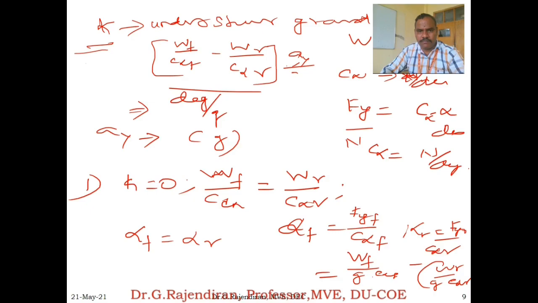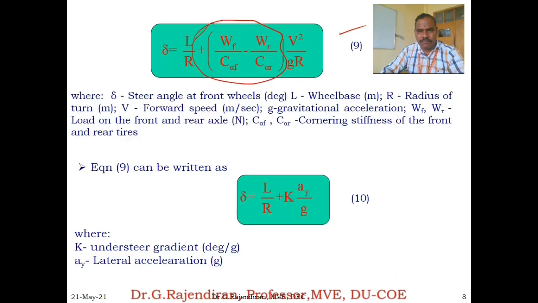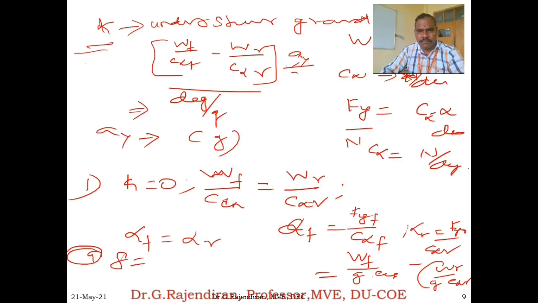Then from equation 9, we can see that delta is equal to L over R, irrespective of the vehicle speed. So when K is equal to 0, WF divided by C alpha F and WR divided by C alpha R are equal, and alpha F is equal to alpha R. Then the steer angle required to turn is purely the Ackermann steer angle.